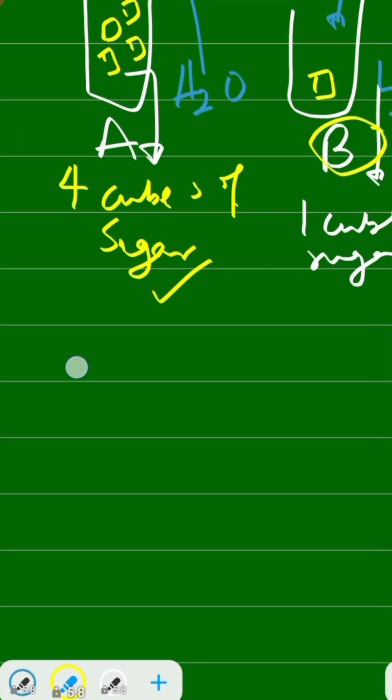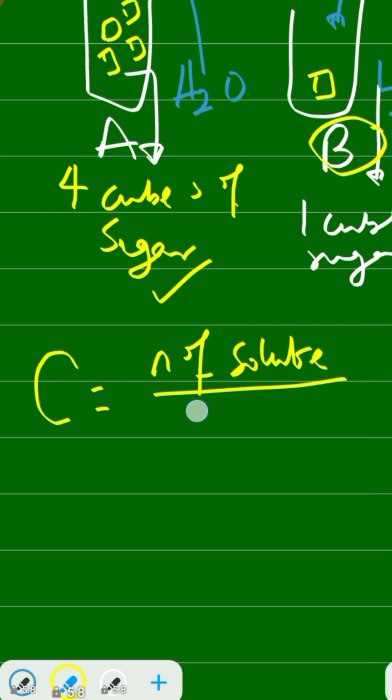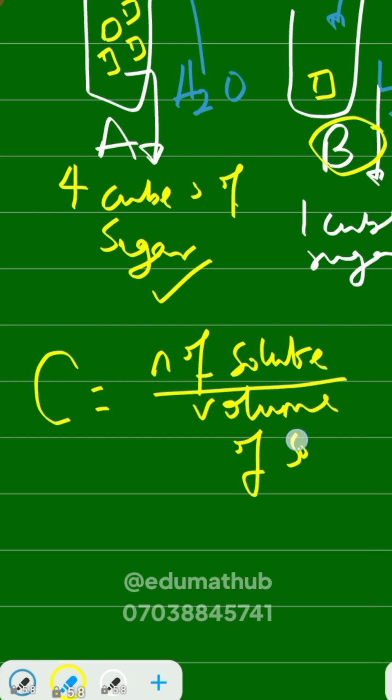Now let's go to the formula of concentration. Concentration can be given by the number of moles of the solutes divided by the volume of the solution involved.